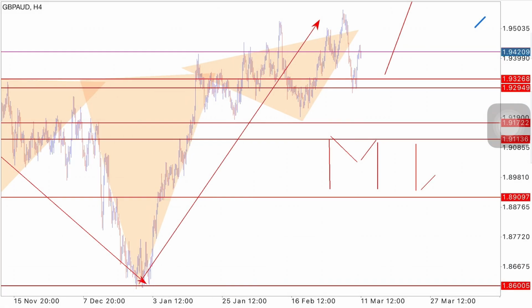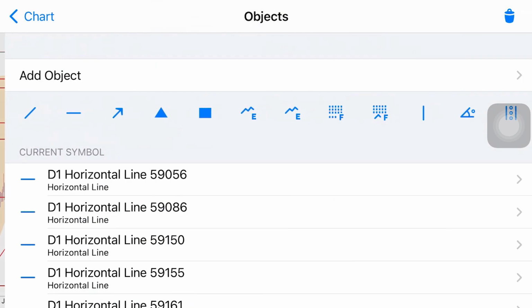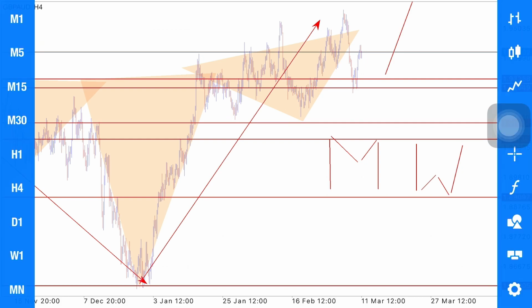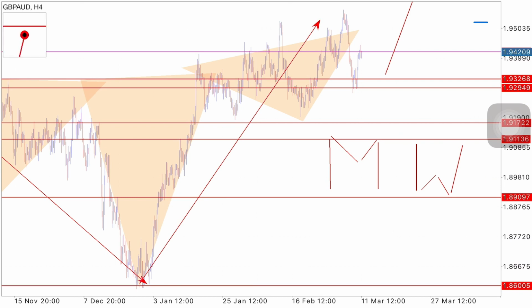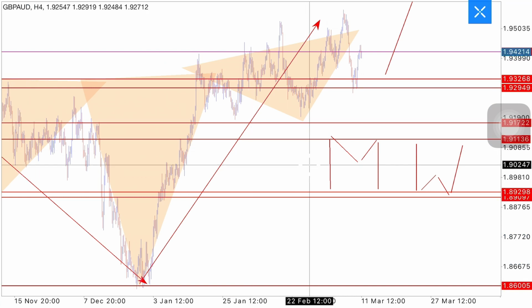Same applies to the head and shoulders. We have a proper head and shoulders, and we also have an inverse head and shoulders, which are the same, but in an inverse type formation. So here we will have this as our confirmative level. Same applies to the W type formation, our double bottom.